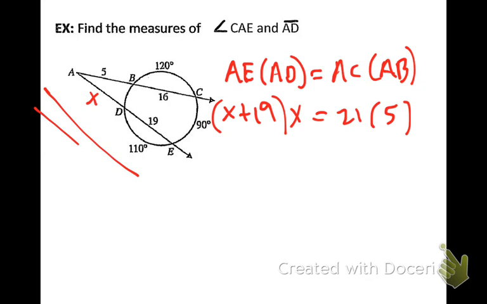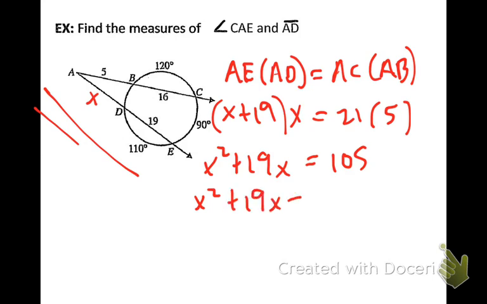So then we multiply everything out, we get X squared plus 19x equals 105. So then we have x squared plus 19x minus 105 equals 0. And now we can't factor that, so we have to use the quadratic formula.